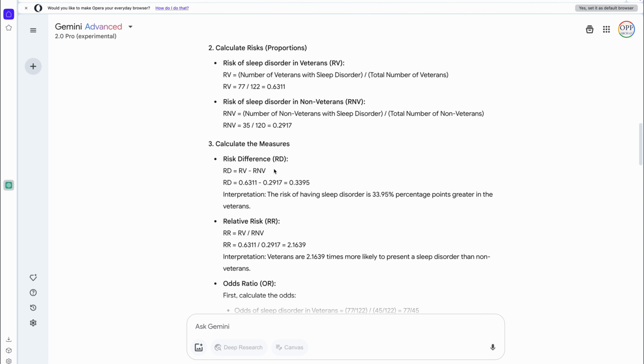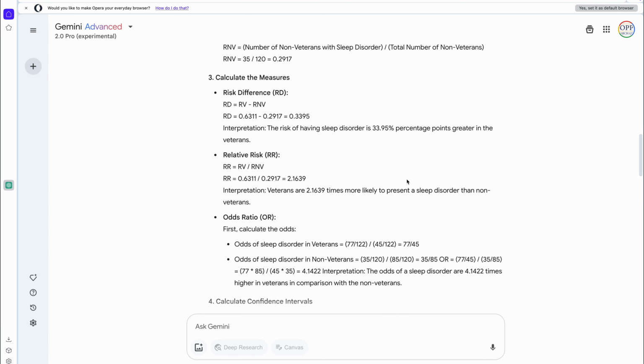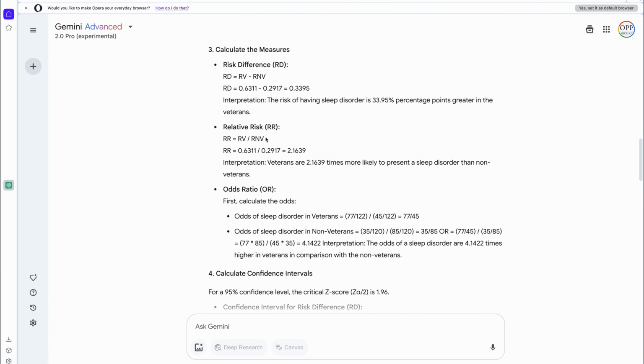And then it calculates the risk difference. That's the difference between those two, comes up with 0.3395, and then correctly states the risk of having sleep disorder is 33.95 percentage points greater in the veterans. So it says percent and percentage points. You should actually just say percentage points. But I guess that works. And then the relative risk, it's dividing those two conditional probabilities.